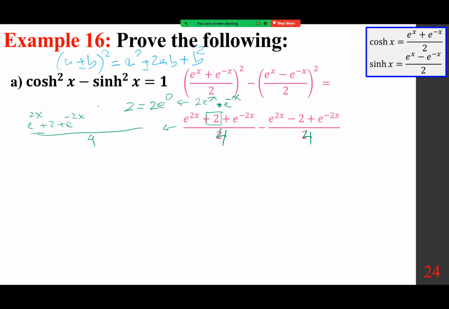Now we have a negative sign here that we are going to apply. Let me use a different color. Minus e to the power of 2x. Now that minus 2 becomes plus 2, and then minus e to the power of minus 2x. As you can see, everything cancels out except 2 and 2, they add up to 4. 4 over 4 equals 1. So that's a proof.